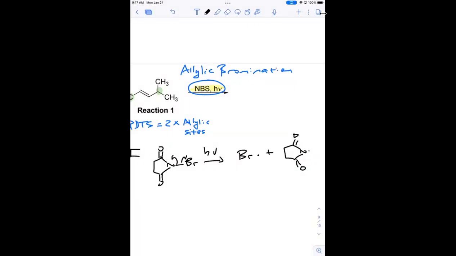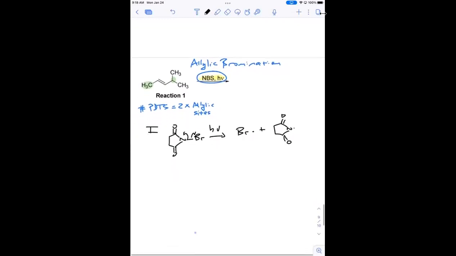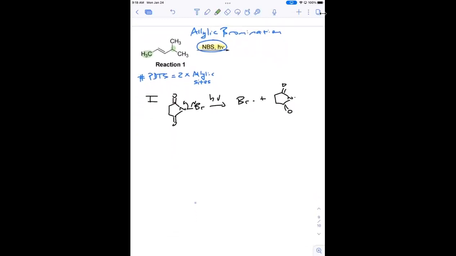Right. So now we have our bromine radical, and that's what's going to do the abstraction in the propagation step. So let me just copy this right quick. Where do you want to start?